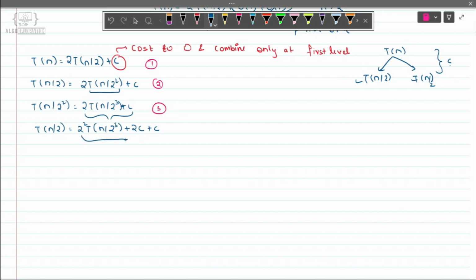Similarly, substituting this value in this part, we get T(n) equals 2³T(n/2³) plus 2²c plus 2c plus c.